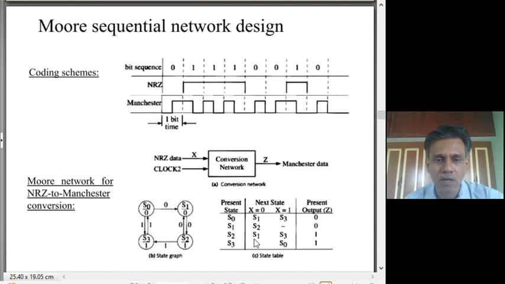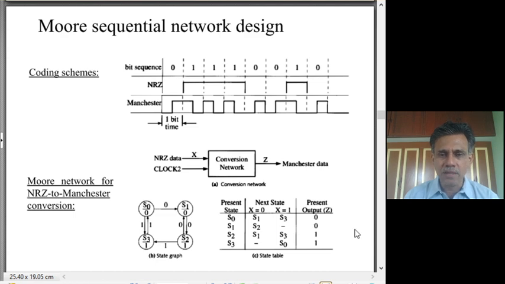A 0 cannot occur, therefore it is a don't care. So after that you will encode this into 2 bits AB and then represent all the states in terms of bits and then use K-map to reduce it and then populate with gates and then come up with the design.